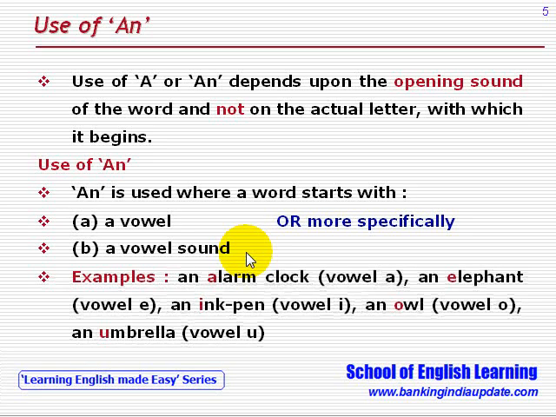For example, an alarm clock, here vowel A. An elephant, here vowel E. An ink pen, here vowel I. An owl, here vowel O. An umbrella, here vowel U. So an is used where a word starts with a vowel or a vowel sound.